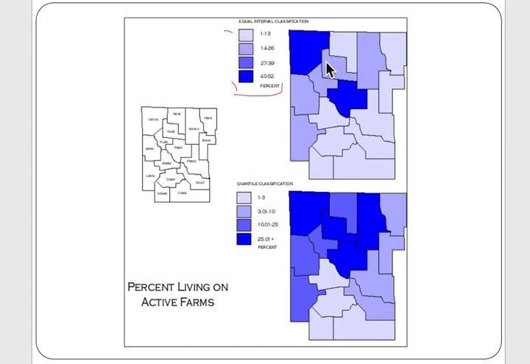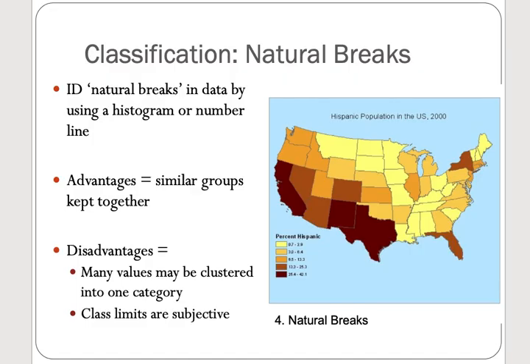We could see there's 2 counties with active farms, whereas if we did the quantile classification method, we could see there are more counties that have active farms. So again, we're looking at the same data set, it's just visualized differently depending on the classification method you choose.